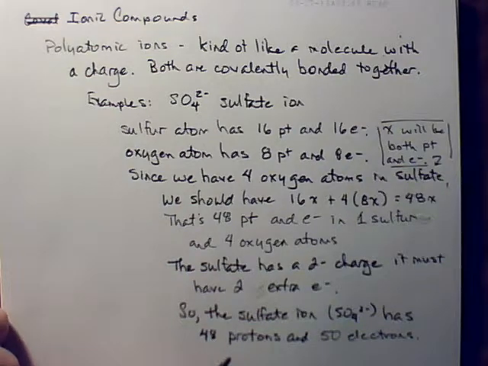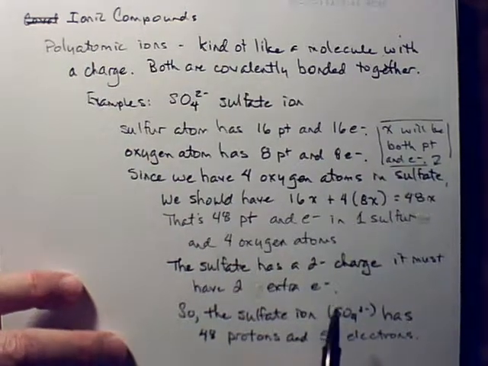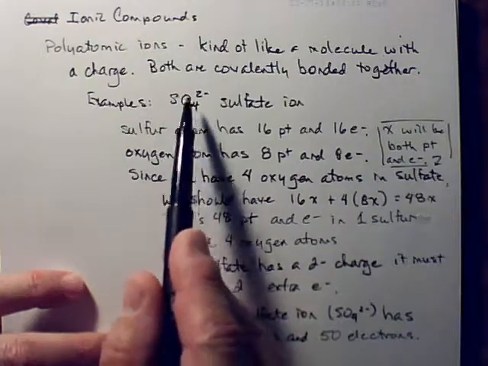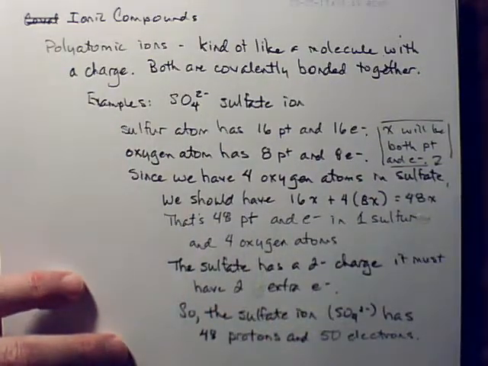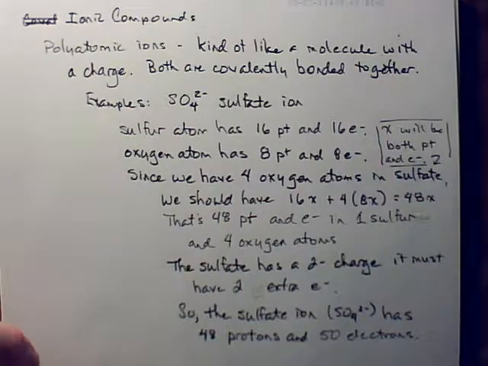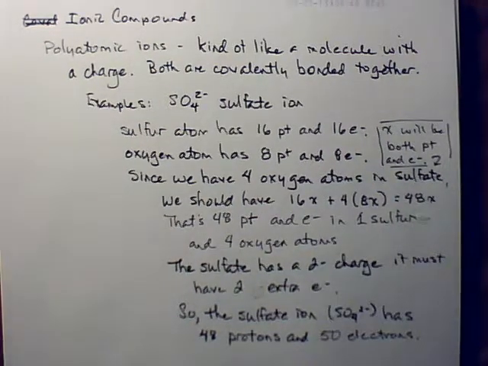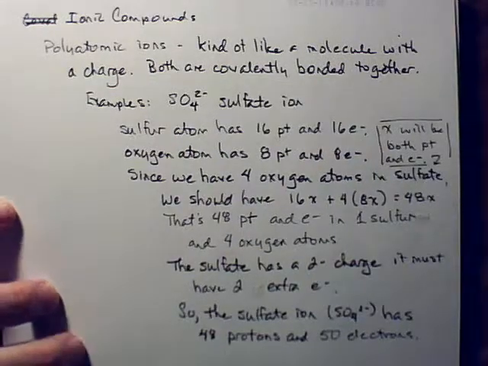If they're negative, they have more electrons than protons. The same is true for this entire structure when you add everything up. In order to be 2 negative, it's got to have 2 more electrons than protons. Does that make sense?